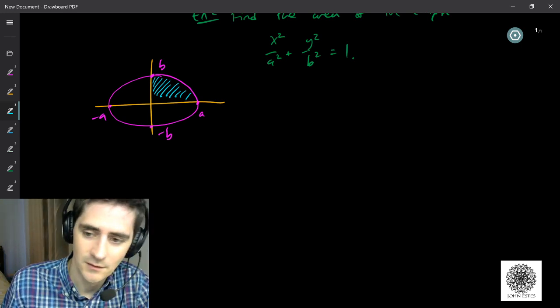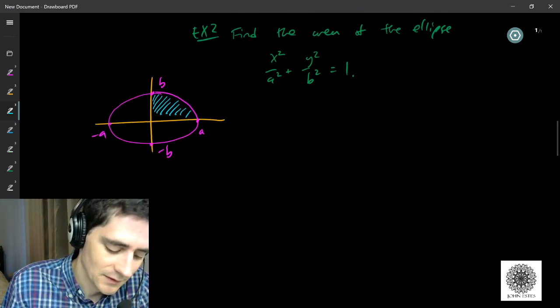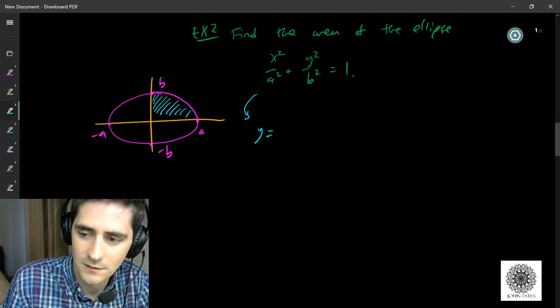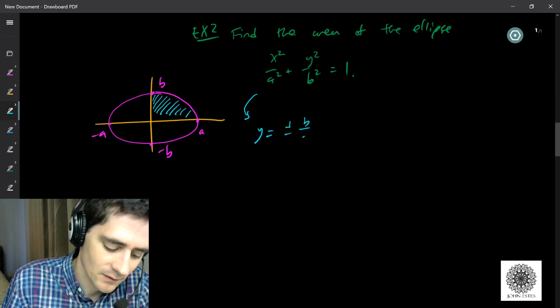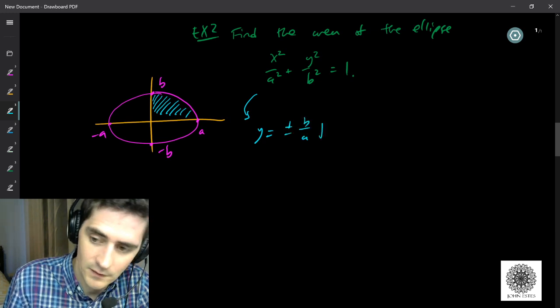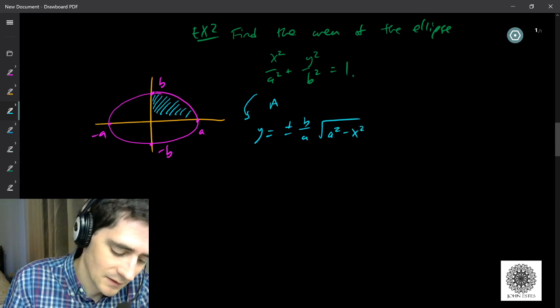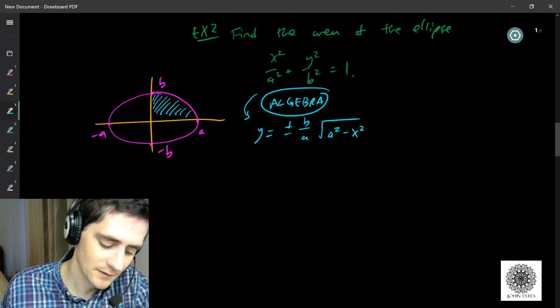Okay, so the first thing we want to do actually is get this solved for y. So if you do some algebra here, you can get y equals plus or minus b over a, the square root of a squared minus x squared. Okay, so I'm just going to hit the algebra button for the sake of time. I believe you can all handle that.